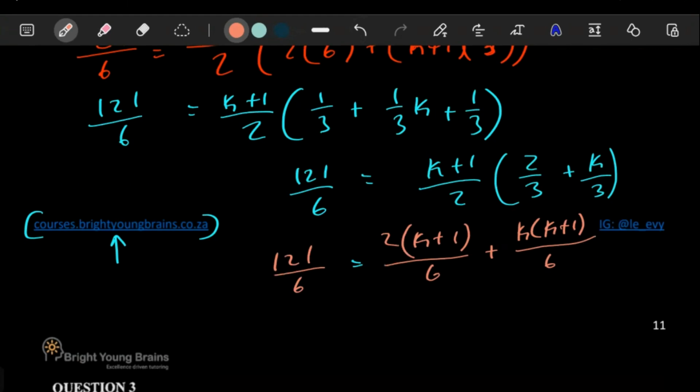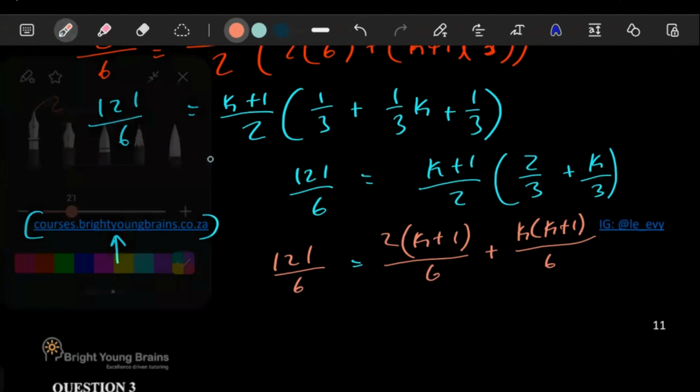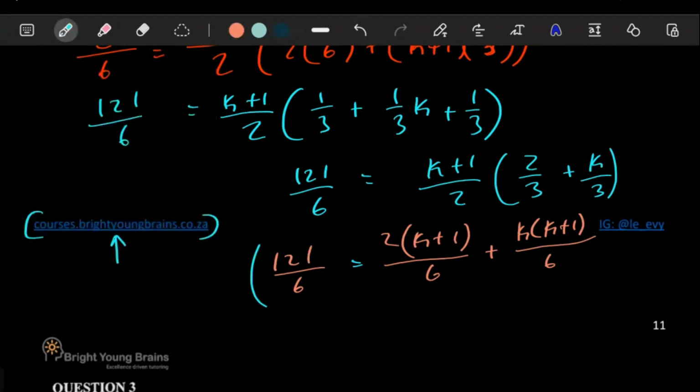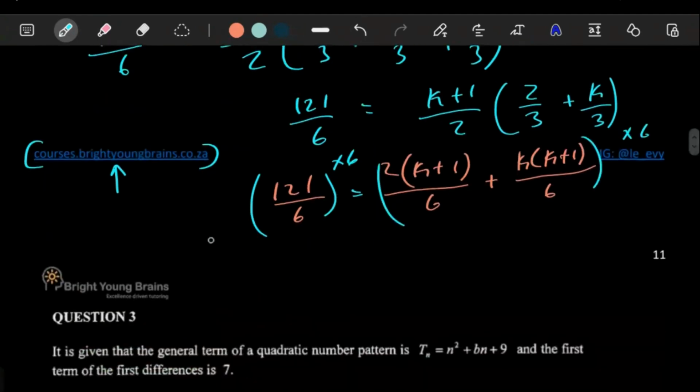Fortunately, everything is over 6 at the moment, so you can just multiply the whole thing by 6 so that the 6 just falls out. So that you have 1, 2, 1, 2 with k plus 1, k with, let's just do things simple.